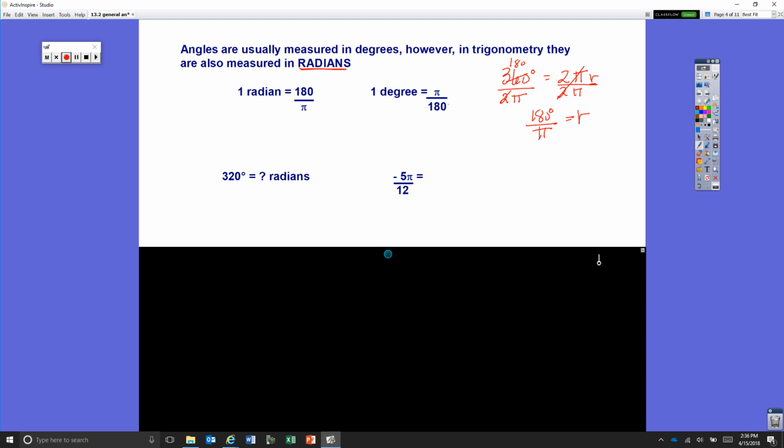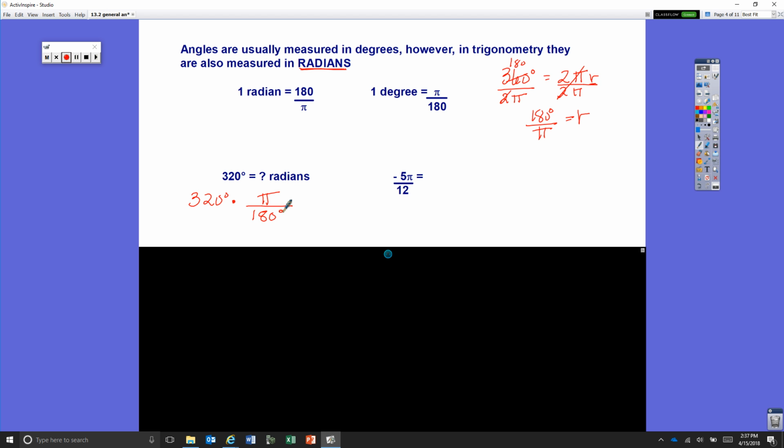So if we have 320 degrees, 320 degrees is equivalent to how many radians? Well, we're going to have to take our degrees and multiply it. We either multiply by 180 degrees over pi or pi over 180 degrees. And since we want the degrees to cancel, we want the 180 degrees in the denominator. So it is times pi over 180 degrees.